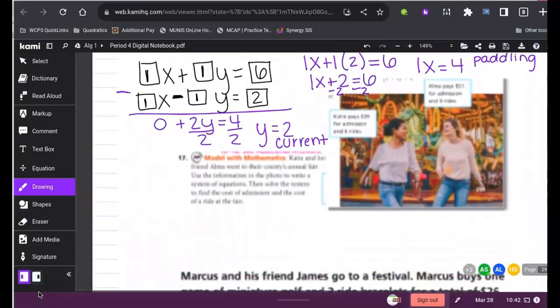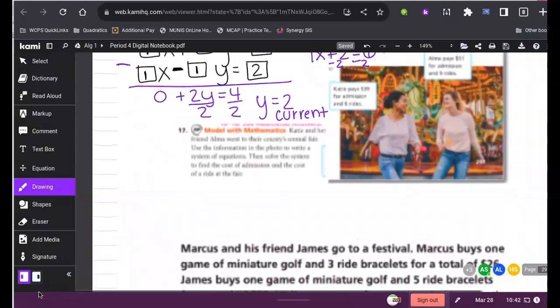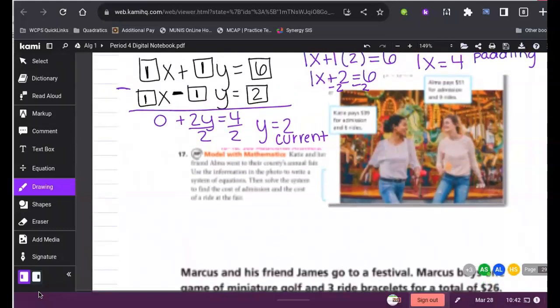Okay, let's go ahead and look at the next example. Katie and her friend Alma went to their county's annual fair. Use the information in the photo to write a system of equations. Then solve the system to find the cost of admission and the cost of a ride. It says Katie pays $39 for admission and rides 6 rides.